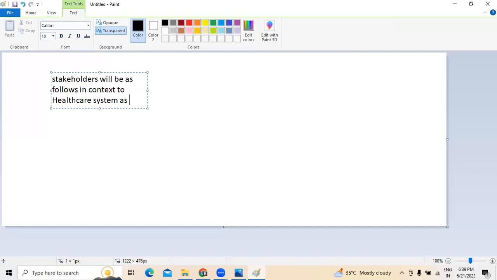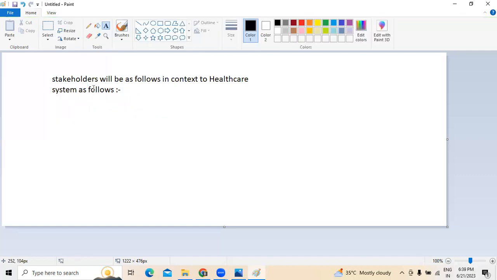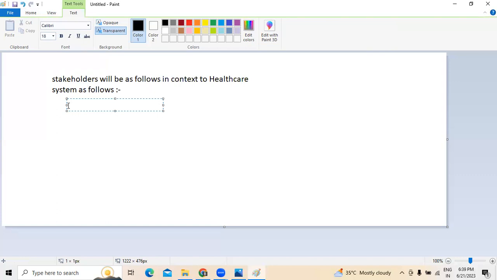The first one is called policy makers. After policy makers, the next is patients or beneficiaries.